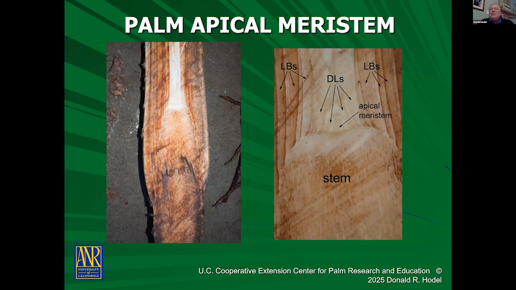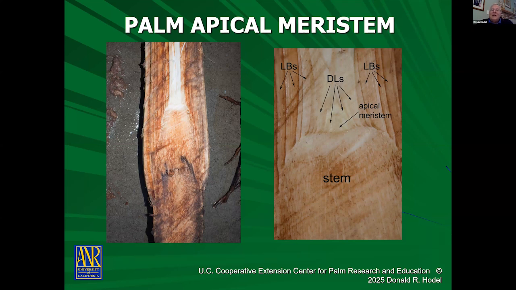The apical meristem is where all growth occurs, above ground growth. And this is a longitudinal section across a king palm, Archontophoenix cunninghamiana. You see the stem labeled, and above that, on the right and the left, are leaf bases from mature leaves.